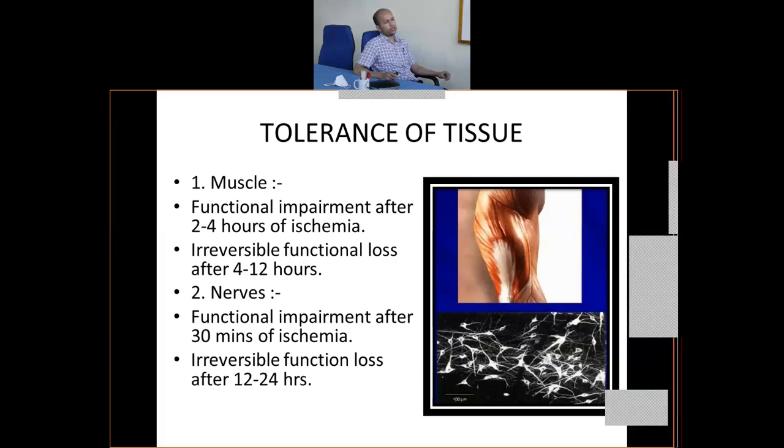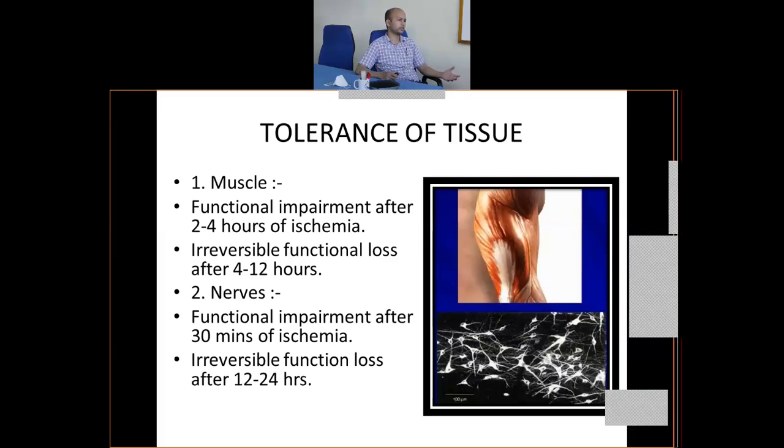Now you might think, sir, why is irreversible functional loss in muscle 4 to 12 hours? Why so much of a window? You can see there is a window of 8 hours between 4 and 12. Because that is not always specific for every individual, and it depends on the underlying trauma and underlying cause also. If there is a complete transection of the brachial artery with that fracture, then it might settle in irreversible functional loss within 4 hours.